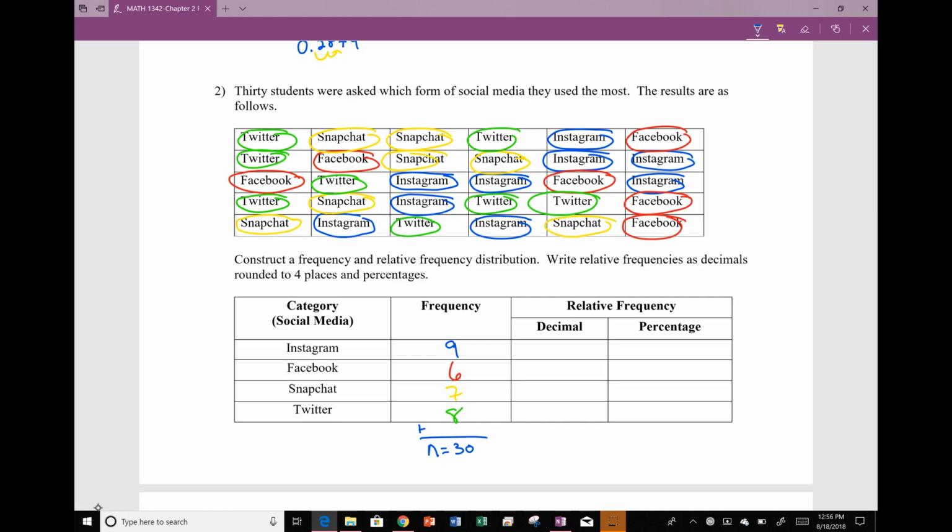Then we're going to find the relative frequency. Again, the relative frequency is 9 divided by 30. 9 divided by 30 is 0.3, which is the same thing as 30%.